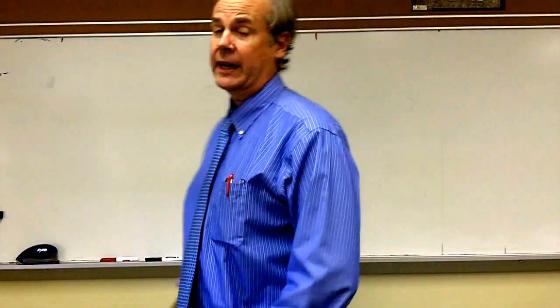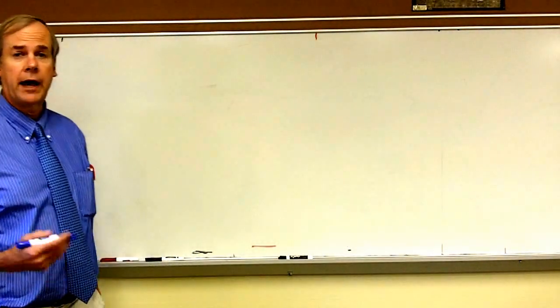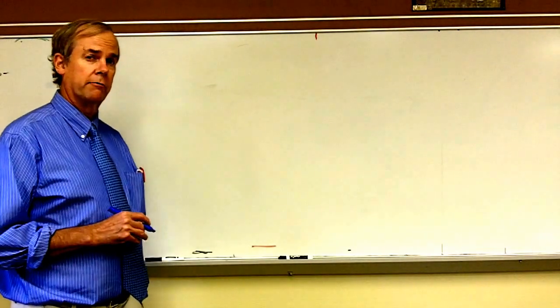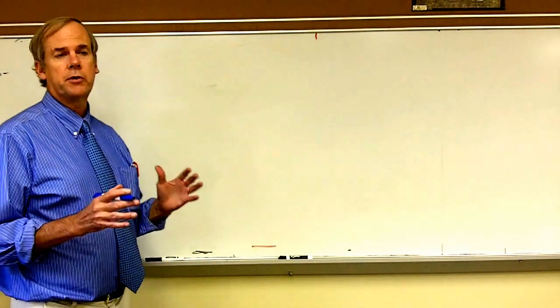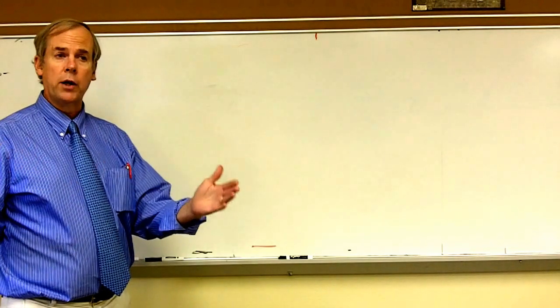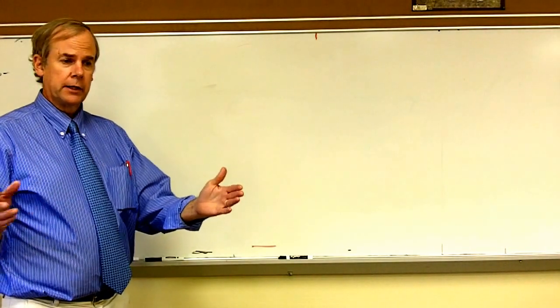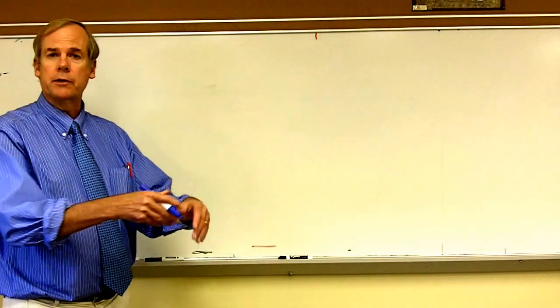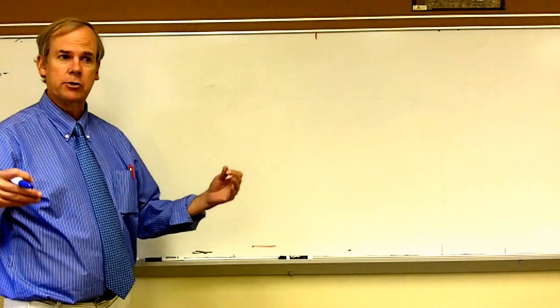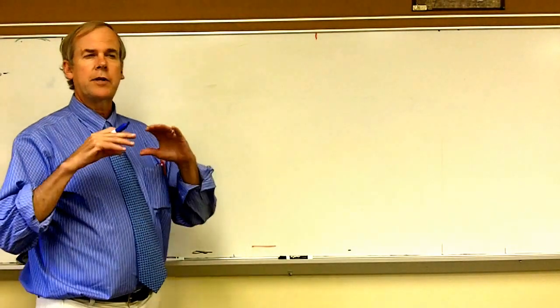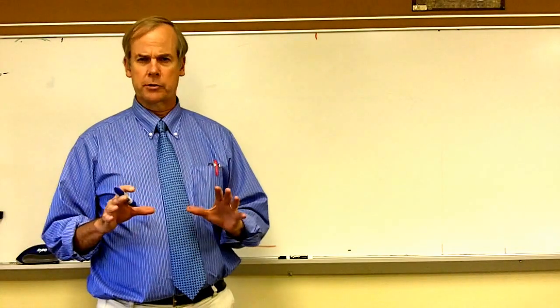Hello, and welcome again to the second installation of how to perform factor label conversions. This time, instead of discussing one-dimensional conversions that have one-dimensional units such as meters or feet or inches, we're going to discuss two-dimensional conversions.